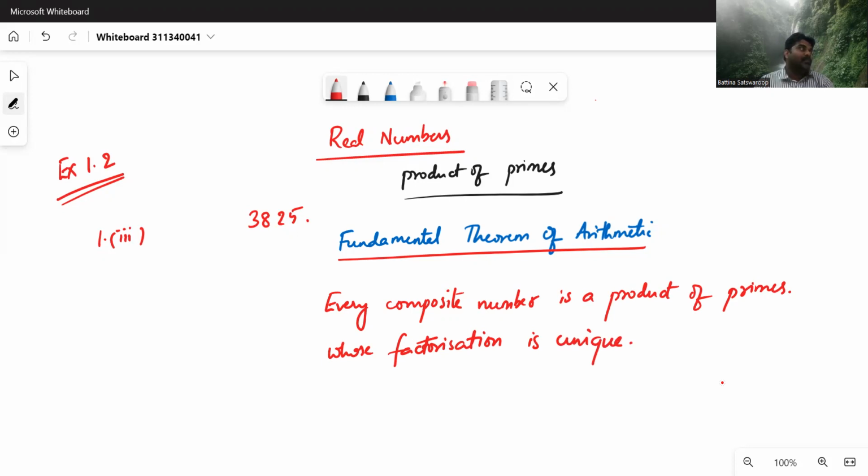Factorization is unique means for every number the way you represent the factors will be different. They won't be the same for any two given numbers. Okay.